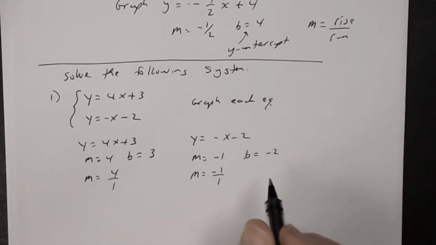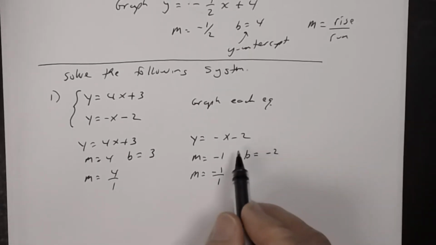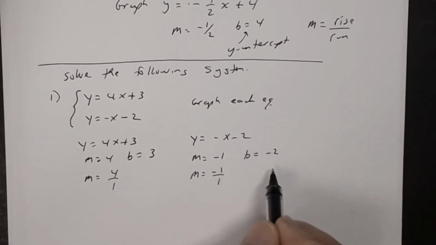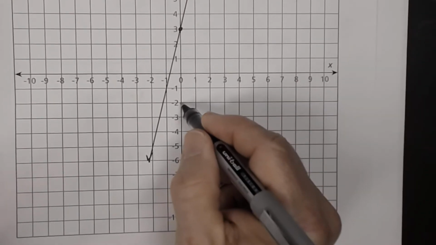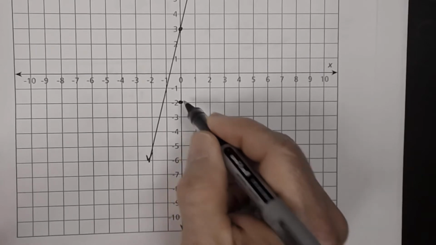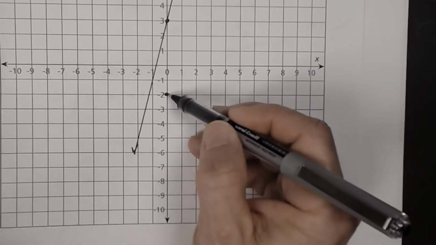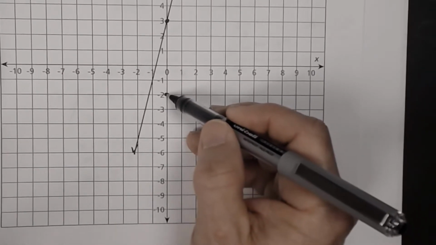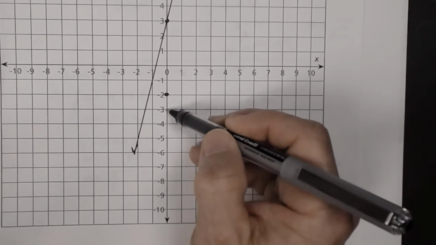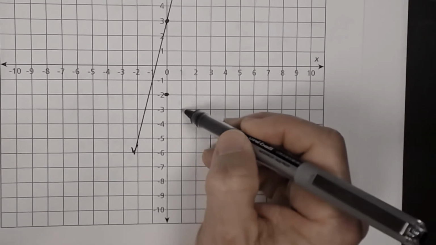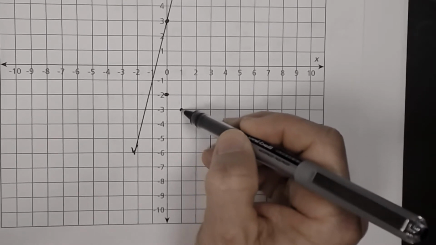Okay. All right, so to graph this line, remember you need 2 points. I already know one of them. That's your y-intercept. So that's negative 2. So here's negative 2 right here. Okay. And my slope is rise over run, negative 1 over 1. So from this point right here, from the y-intercept, I'm going to go down 1 and to the right 1. Okay?